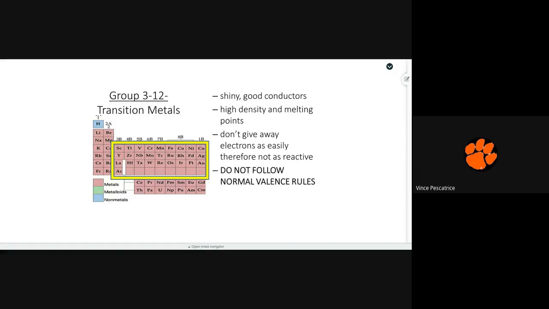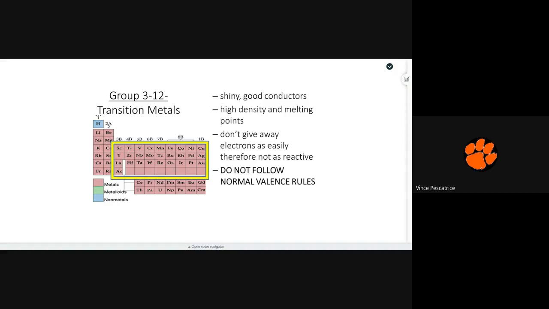So they don't give away electrons very easily because they don't follow the normal valence electron rules. If you remember from class this year, the valence electrons have to do with the reactivity of the element. So if the valence electrons are low, they need to give them away, or if they're high, they just need to grab one, they're very reactive with things. However, that's not true with the metals.